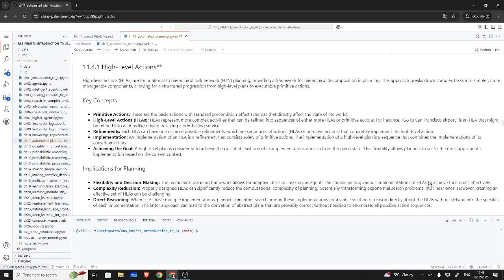Unfortunately, the problem then reduces to creating these high-level actions. How do you compress a complex set of actions into one high-level action? There are a bunch of these different planning tools. This is a very active area of research, and it's still research.